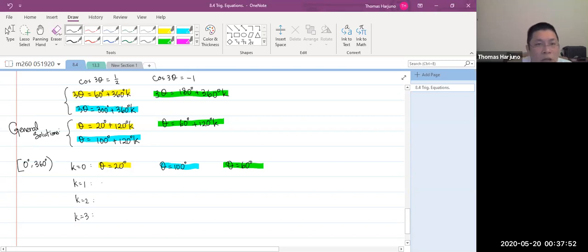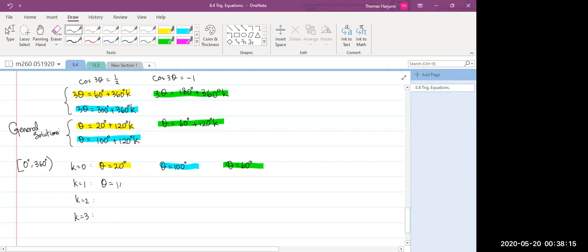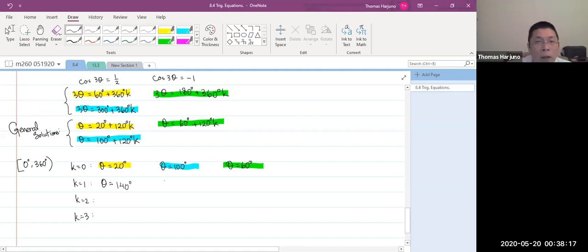Okay? So when k equals 1, what happened to the yellow one? It's 140. And then for the blue one, when k equals 1, that will be 220.